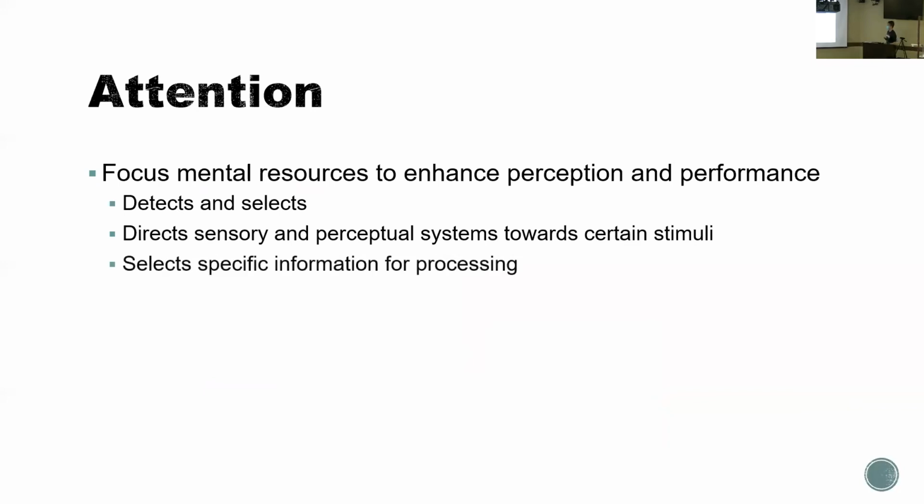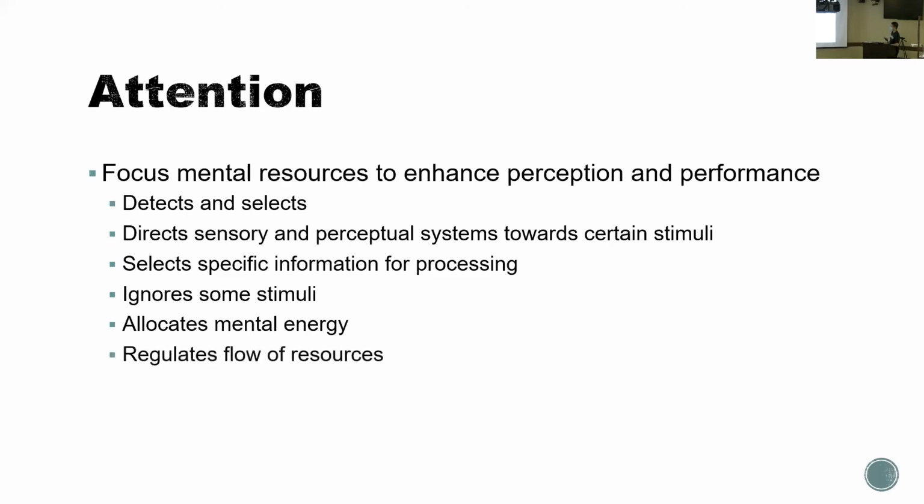It helps us select specific information for processing, helps us ignore some stimuli, and gives us the ability to allocate mental energy. And we can regulate the flow of resources. So attention allows us to do that.